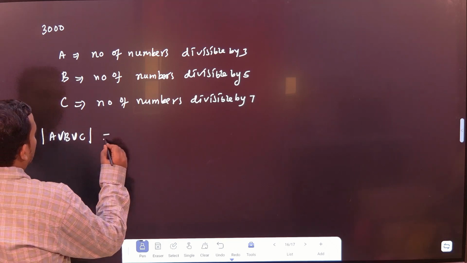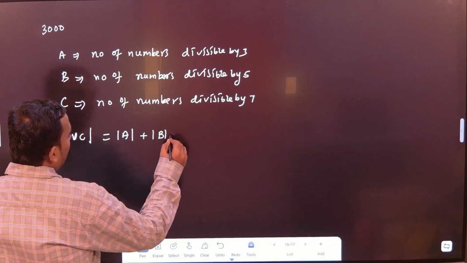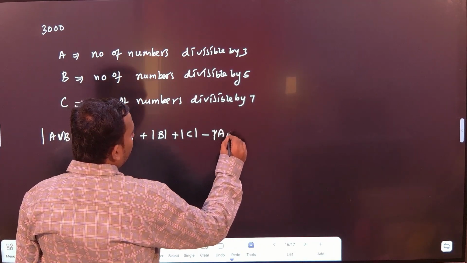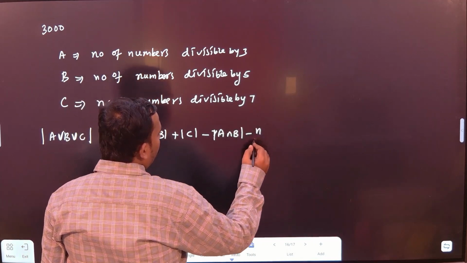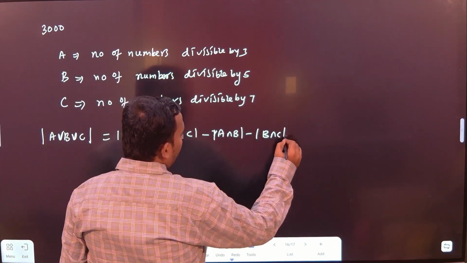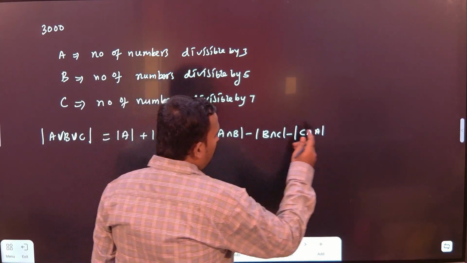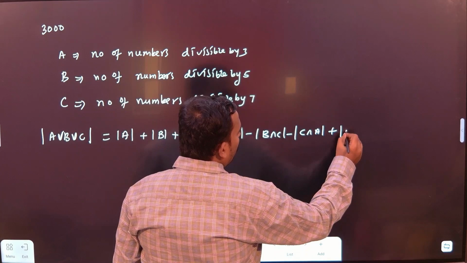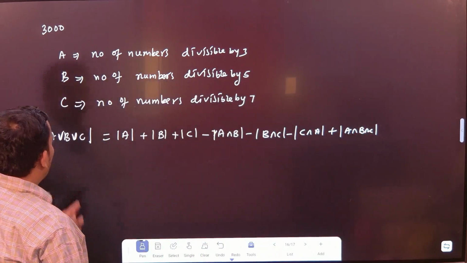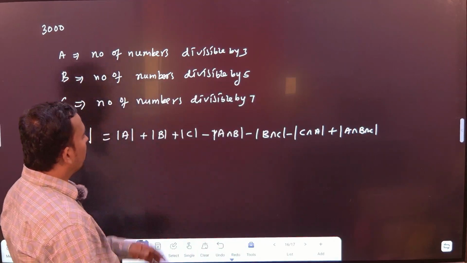So you know that this is the same as n of A plus n of B plus n of C minus n of A intersection B minus n of B intersection C minus n of C intersection A plus n of A intersection B intersection C. This is the inclusion-exclusion principle, right?